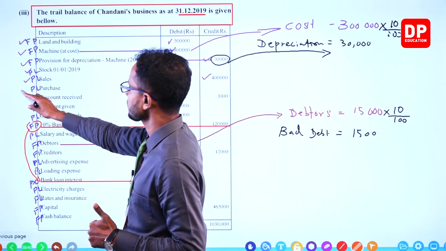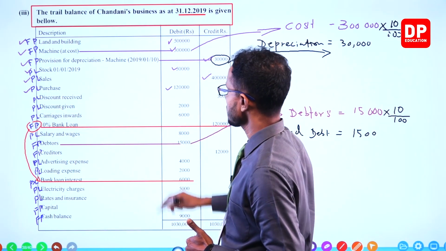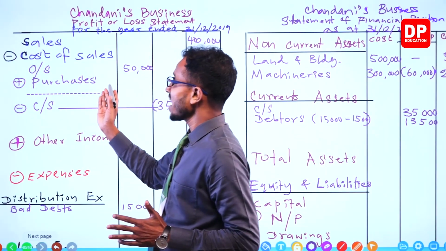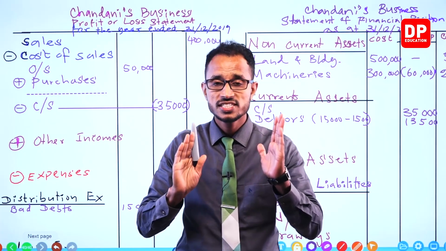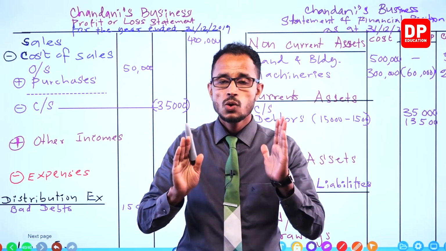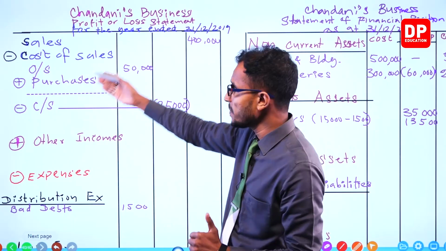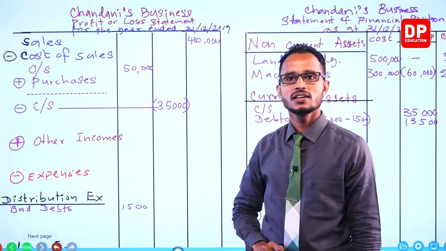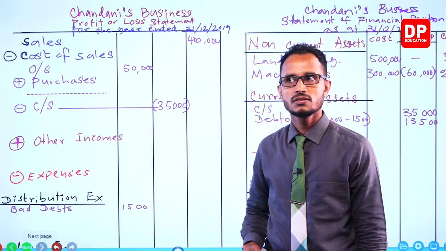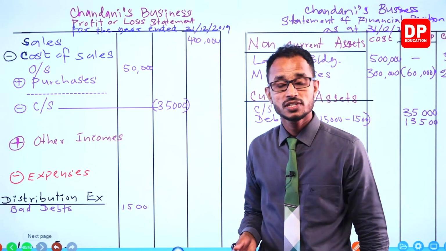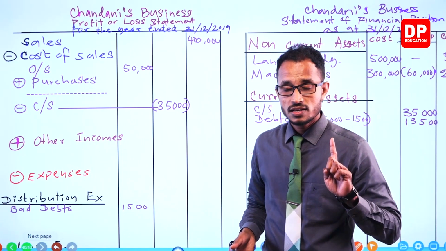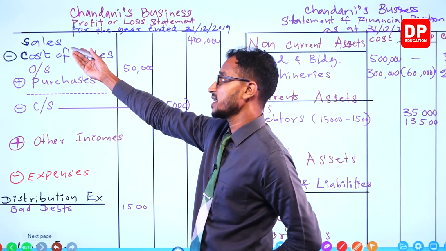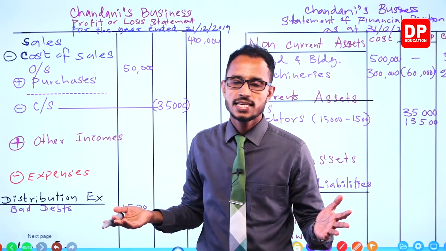Purchases, 120,000, to the P&L. It's already here. That's why I have given you this system. When you begin the question, if you have entered all the main headings, it's easy.